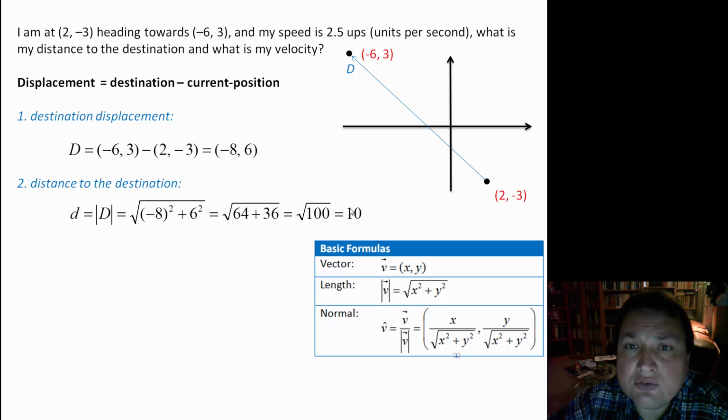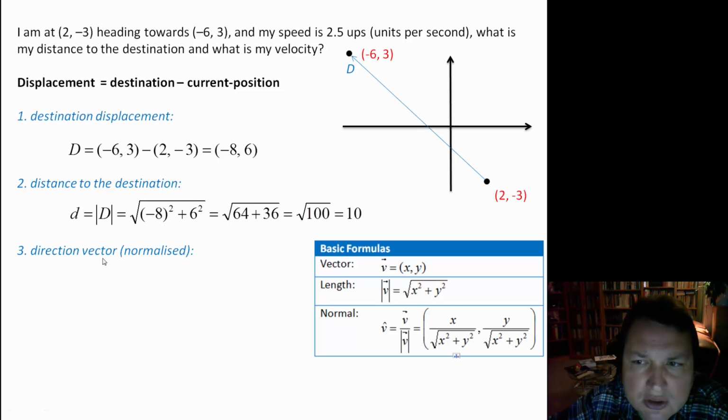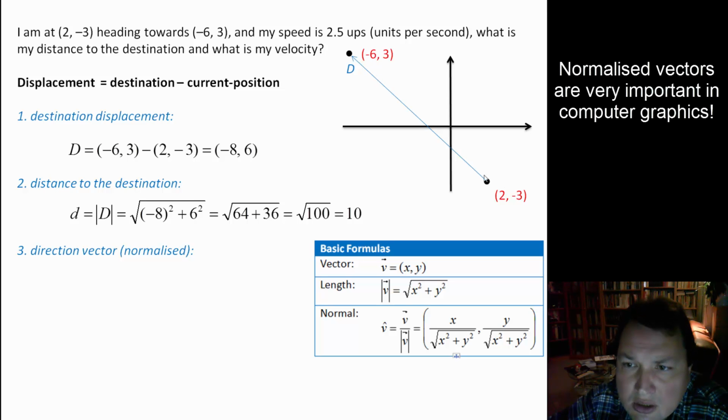To calculate the velocity, which is a vector value, unlike speed, I will act in two steps. Firstly, I will calculate the direction vector, which is the normalized vector, so it's simply normalized d.